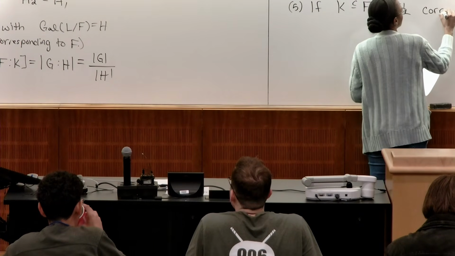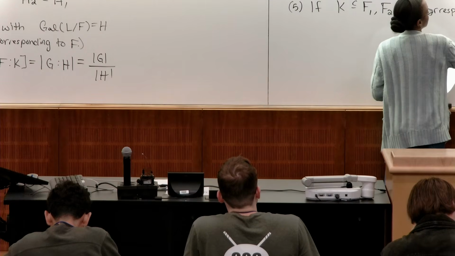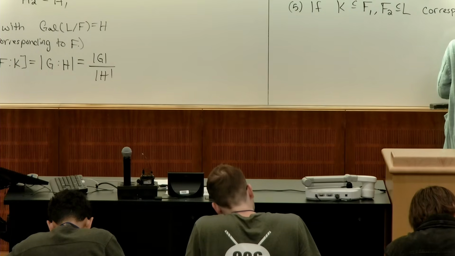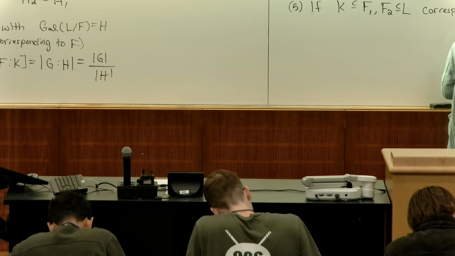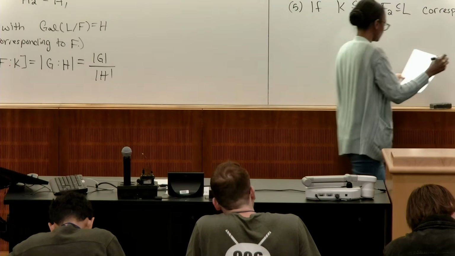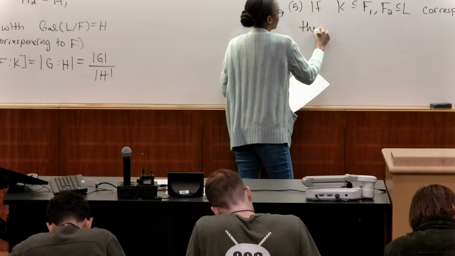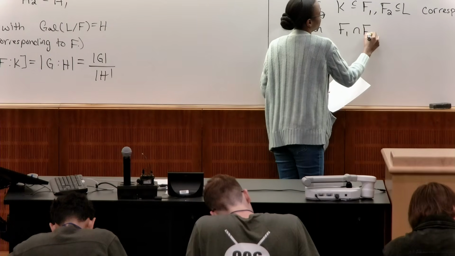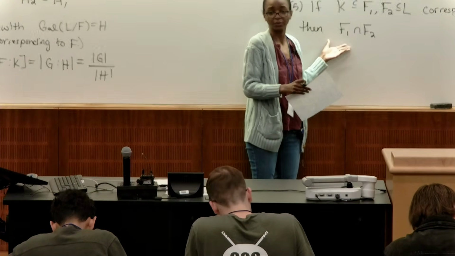So if I give you two subfields, and they correspond to subgroups H1 and H2, then if I look at the intersection of these fields, and if you've never proved to yourself before that this is also a field, you should.